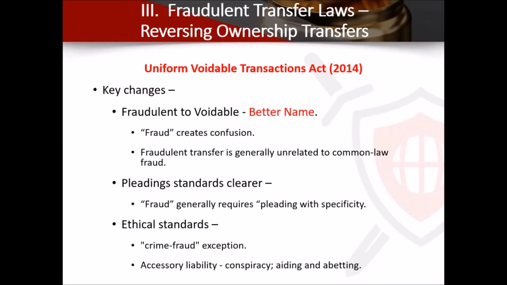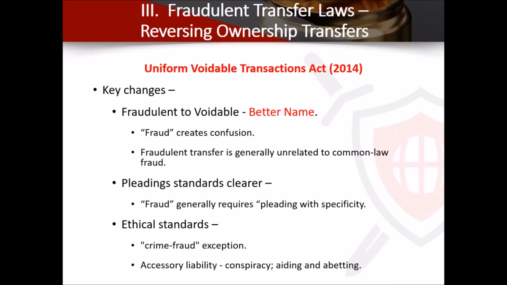The Uniform Act, the new act, which New York adopted, does go to some extent to clarify that fraudulent transfer is not fraud. At the bottom of the slide, what happens here, though, and we'll go through a couple of cases, is that if you're in a jurisdiction or you're in bankruptcy and there's a fraudulent transfer, the standard has been confused.